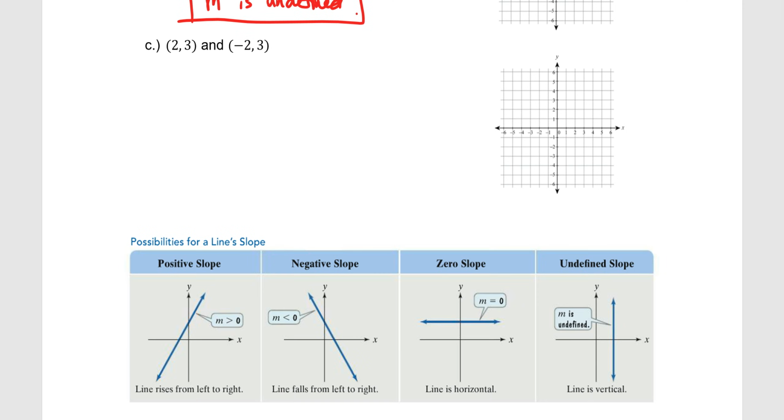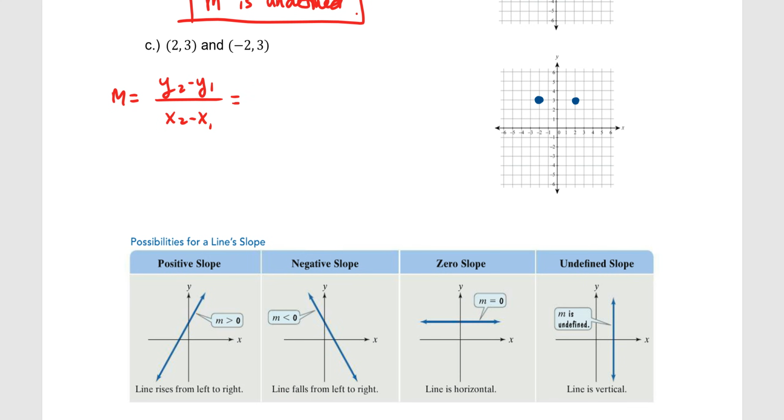Next one, we have 2, 3 and -2, 3. So 2, 3 would be right here. -2, 3 would be right here. Hopefully, once again, we can kind of see what is going on with that, because that's going to be a horizontal line. But let's go ahead and plug it in and see what happens. So let's let the first ordered pair be x1, y1.